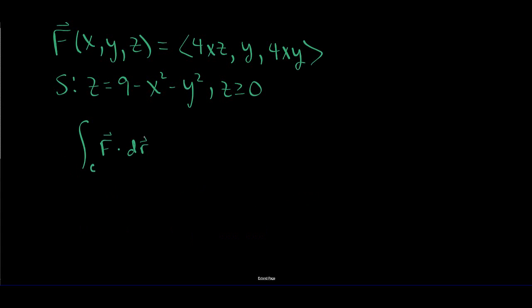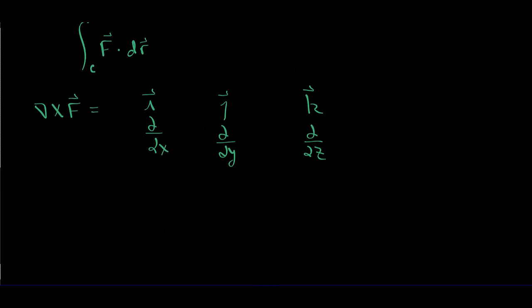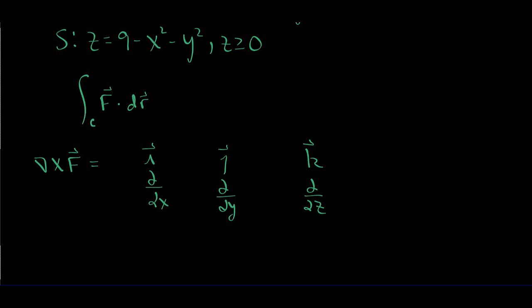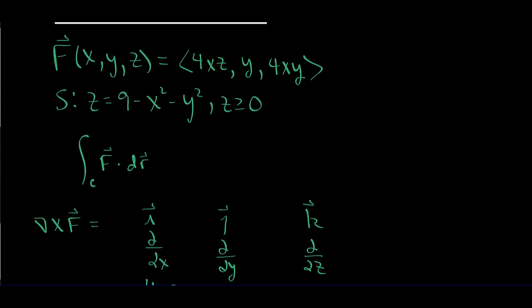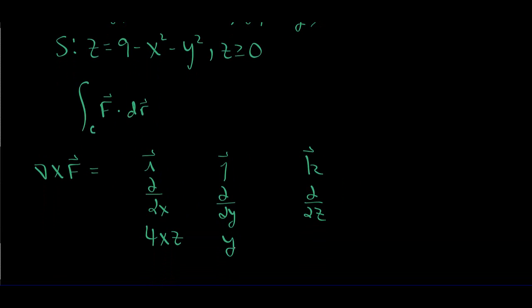So the first thing I need to do is find the curl. Okay, so here's the curl. And the curl, remember, is partial x, partial y, and partial z, crossed with 4xz, y, and 4xy.